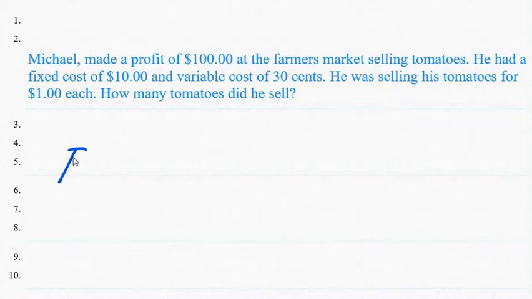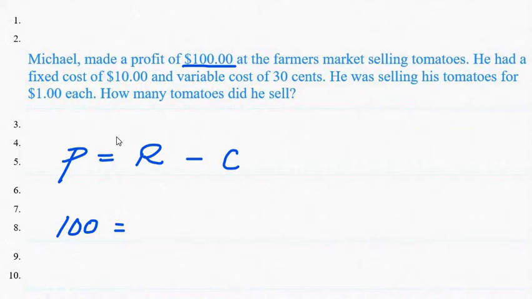So profit is equal to your revenue minus your cost. So you need to tattoo that on your arm. Profit is equal to revenue minus cost. He had a profit of $100. So we know that P is going to be equal to 100.